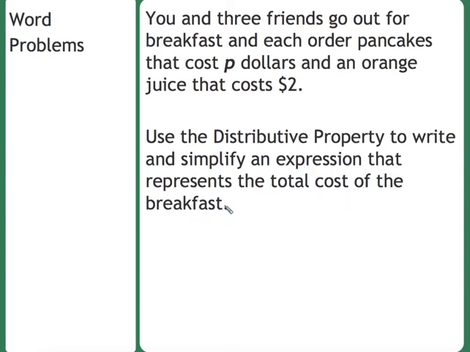So that would be for everyone that's going to breakfast. So first start out, how would you write the cost of the pancakes and the orange juice? So you can think of that for one person. And then you have to use the distributive property for the number of people that are ordering that breakfast. So give that one a try.